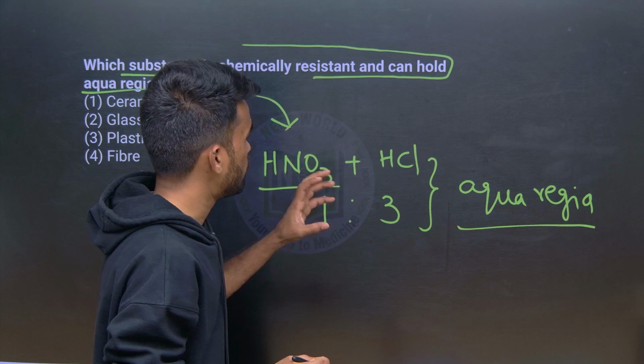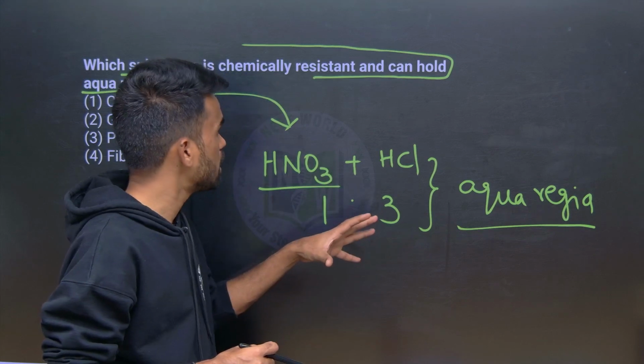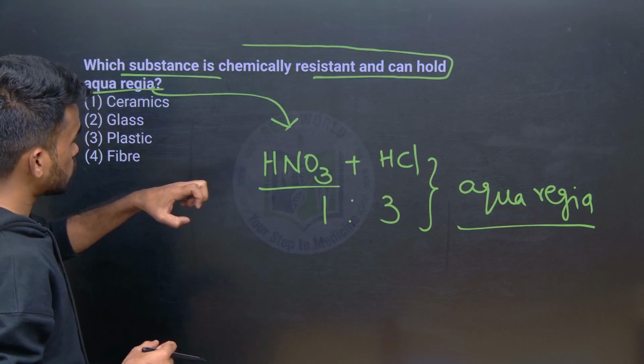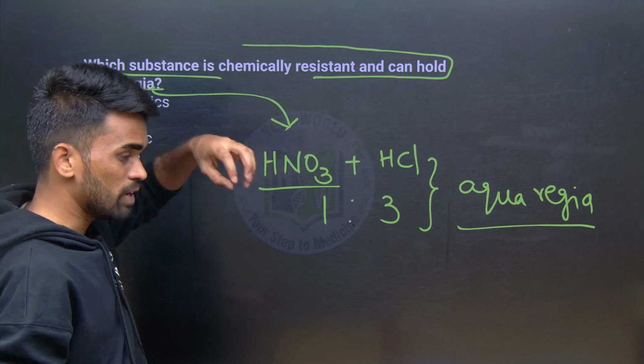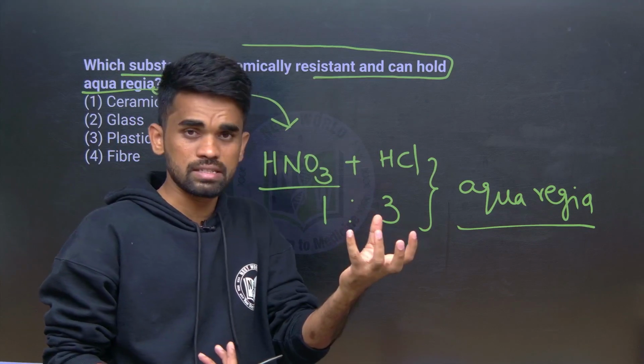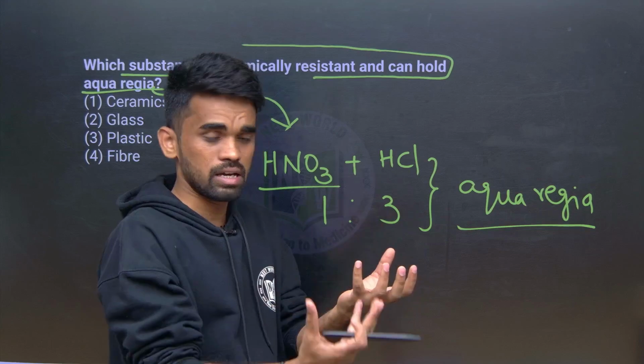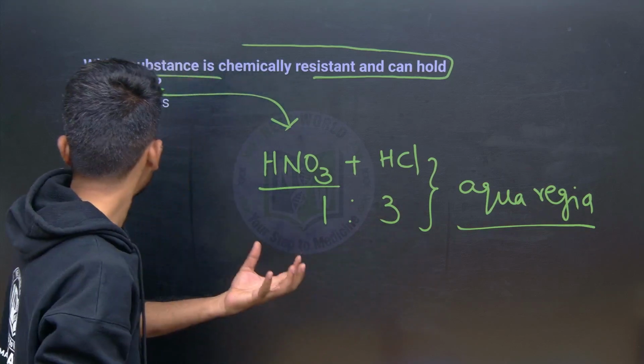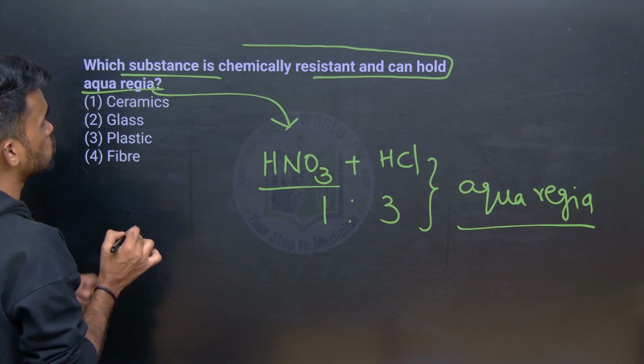Now, aqua regia is very reactive. So we have to place it in very chemically resistant containers, I mean jars. What is a suitable substance here?